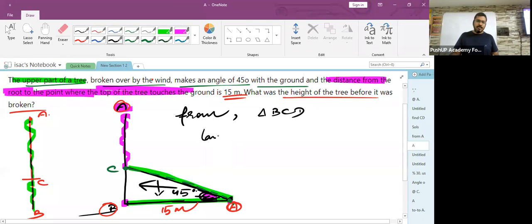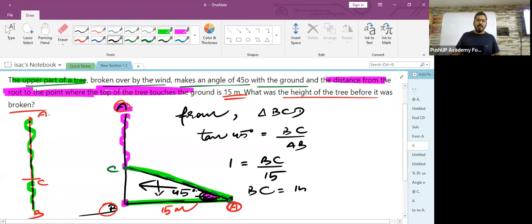So we can use the tan function. So I get tan 45 degrees equal to BC divided by AB. Tan 45 is 1. Therefore, BC upon AB, which is 15. So this implies BC is equal to 1 into 15, which is 15 meters. So I was able to find how much is BC.